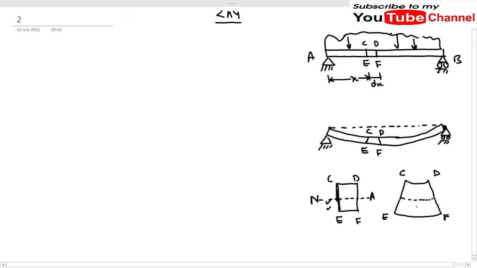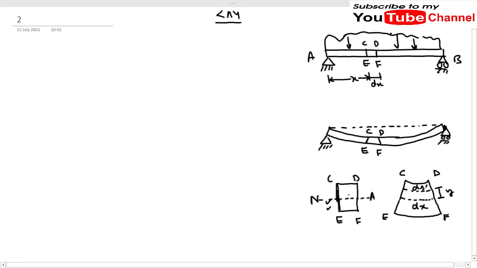If we take the length of the segment as dx, and we also take a segment at a distance y from this neutral axis, the length of that segment is, let us say, ds dash.